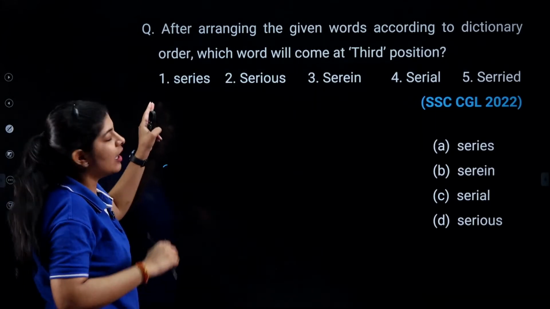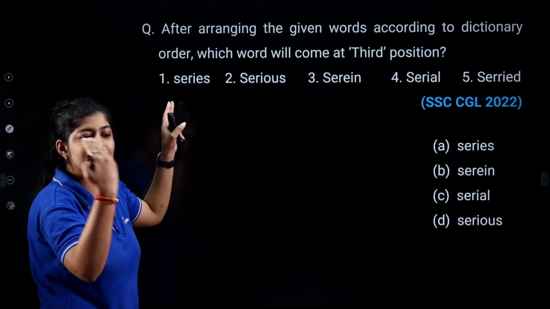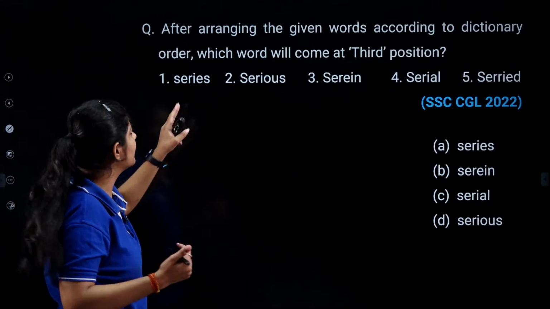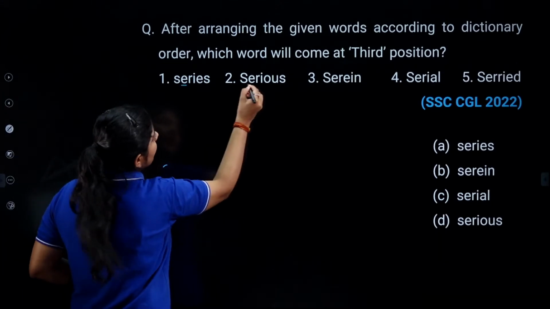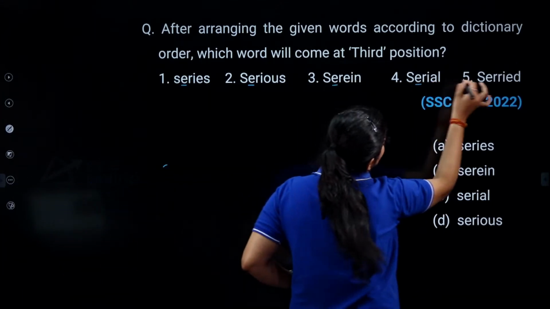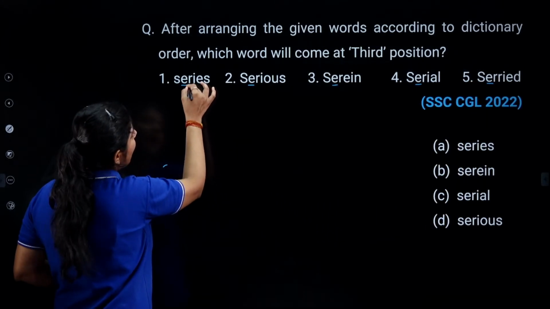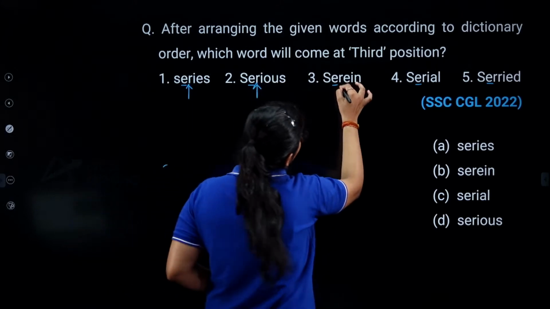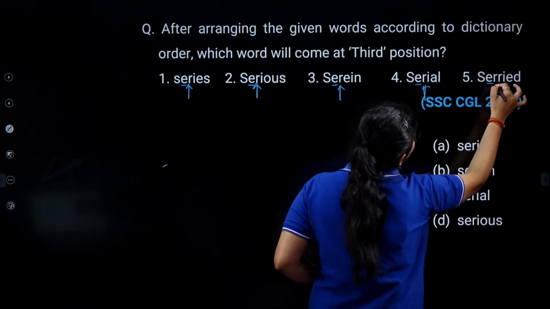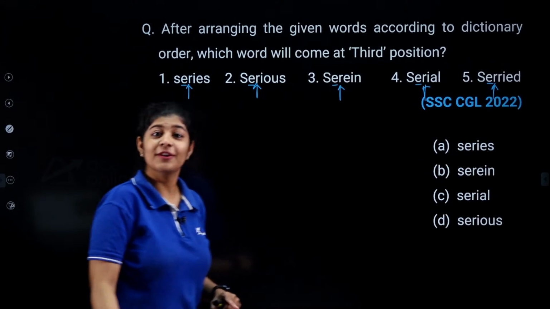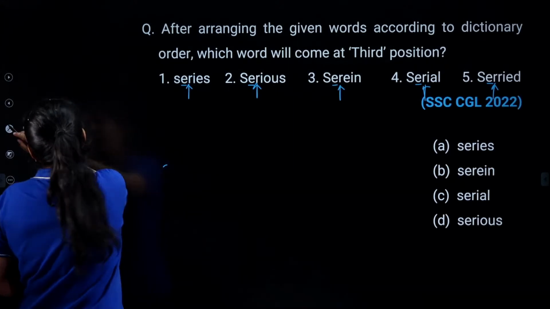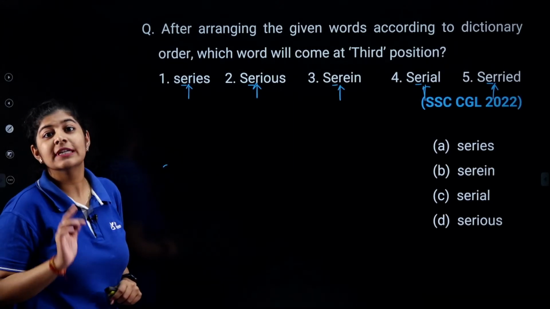All the words start with S. Whenever we have such a case, just simply move towards the second alphabet. E, E, E, E, E. No change. Third one. R, R, R, R and R. Again, no change. That means we need to check our fourth alphabet.